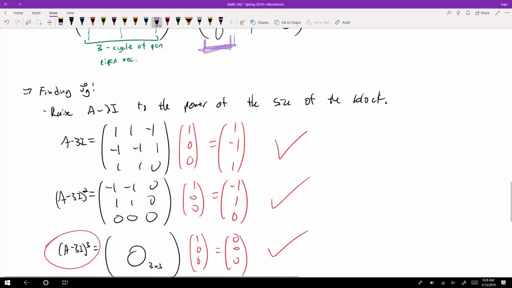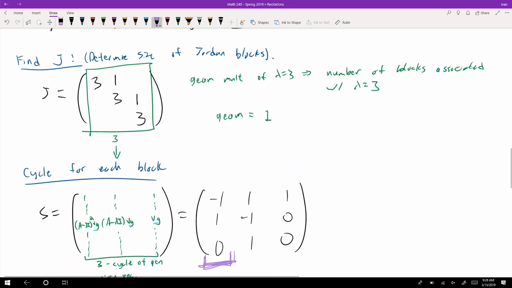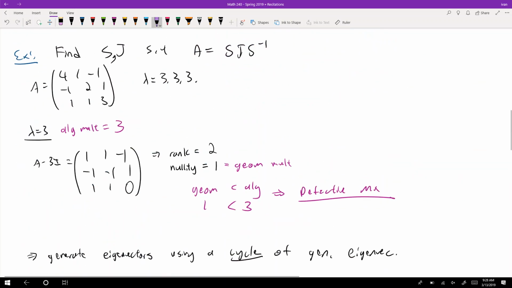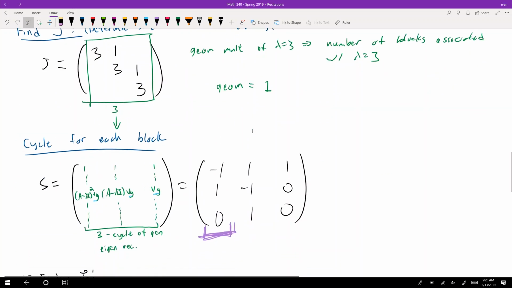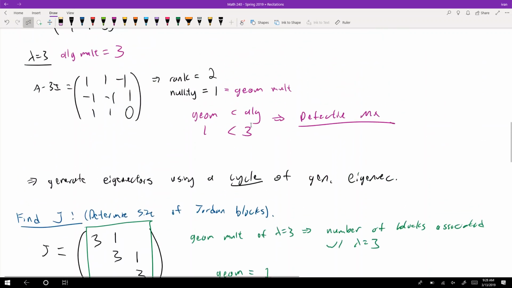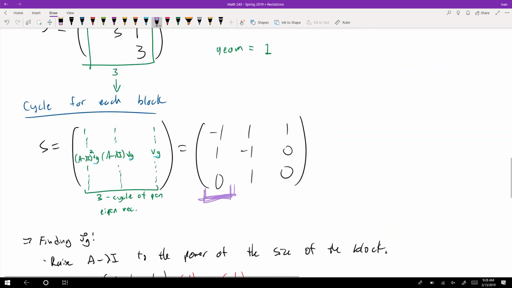If we look at A minus 3I, and we consider negative 1, 1, 0, and we do the dot product, you get 0, 0, 0. So in this process of creating a cycle of generalized eigenvectors, we actually generate the eigenvector that we want.